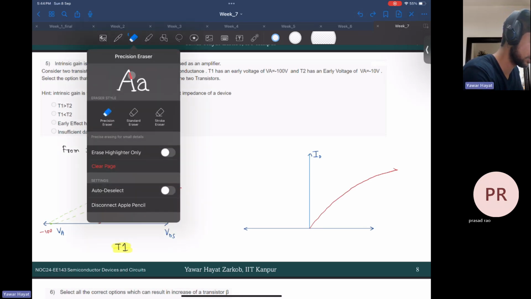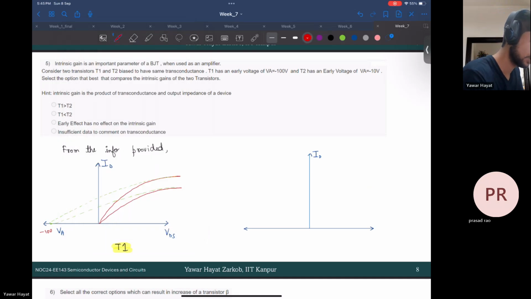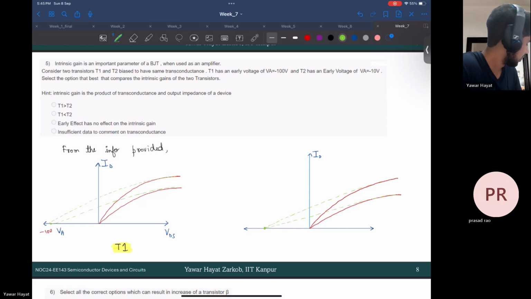Let me first point this early voltage and then we will... Right.